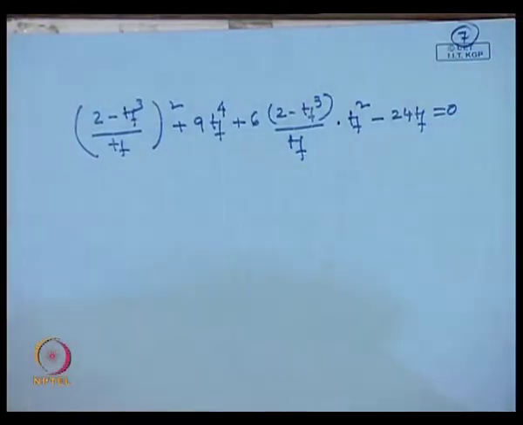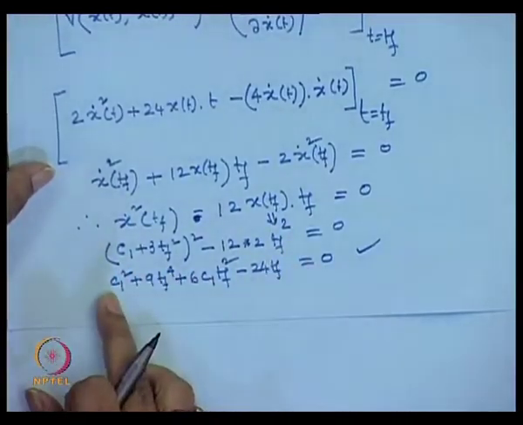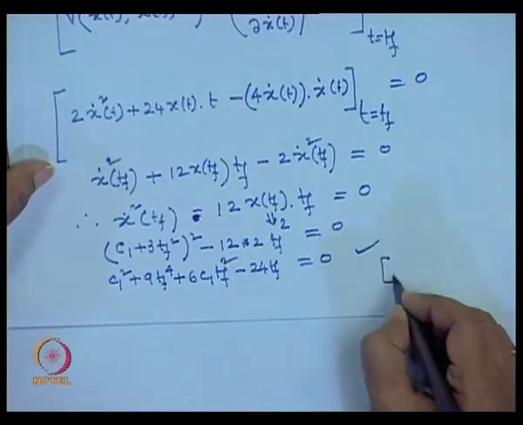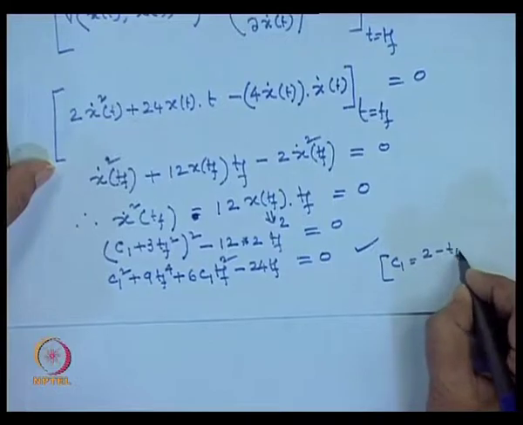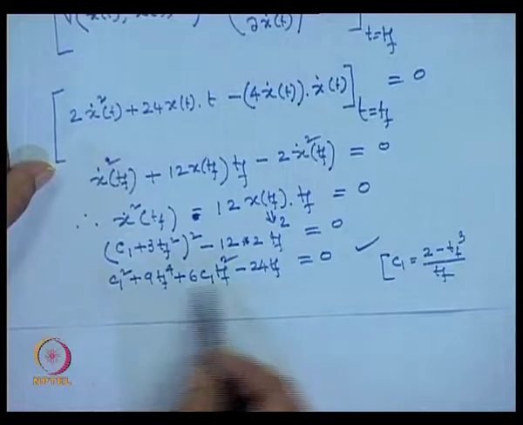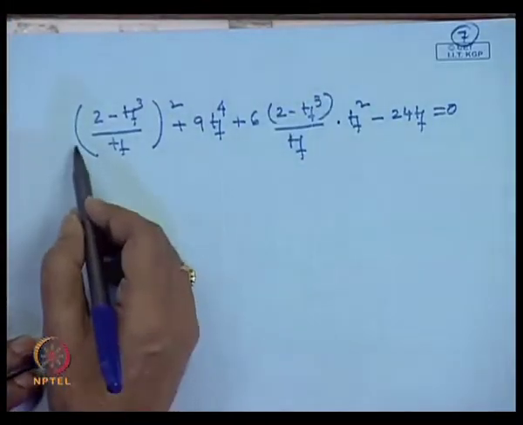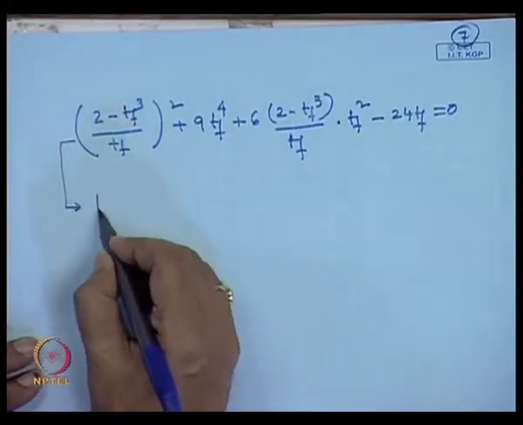Look, this is the equation of this one. I am just putting the value of C 1, where C 1 is 2 minus T f cube by T f, in this expression. So, if you simplify that one, finally we will get the expression.